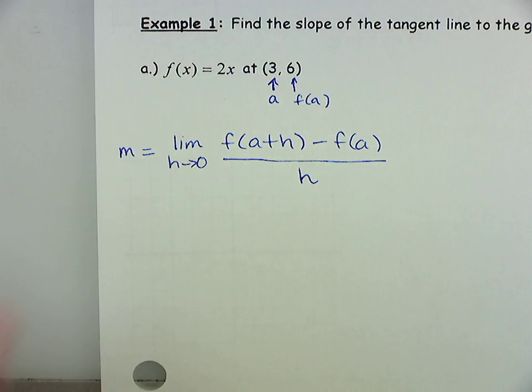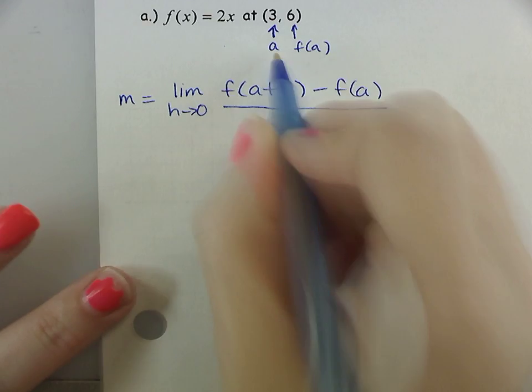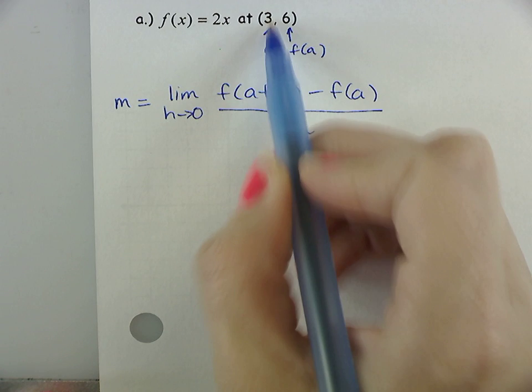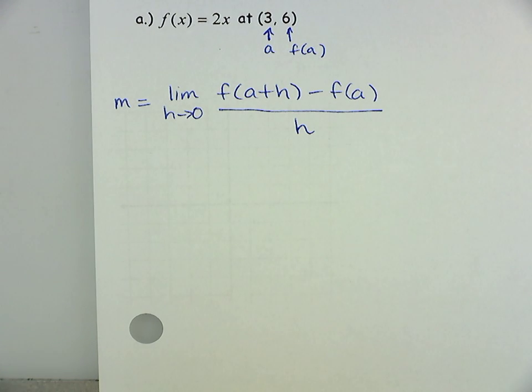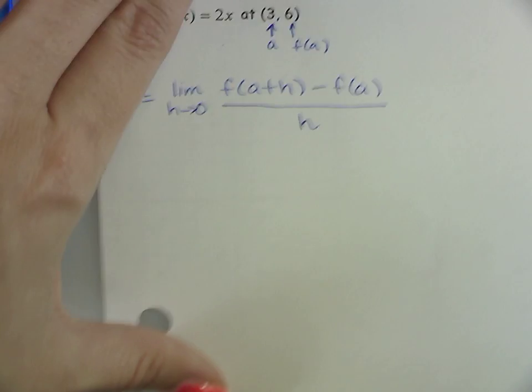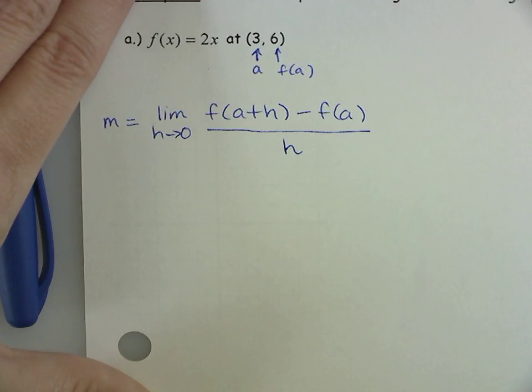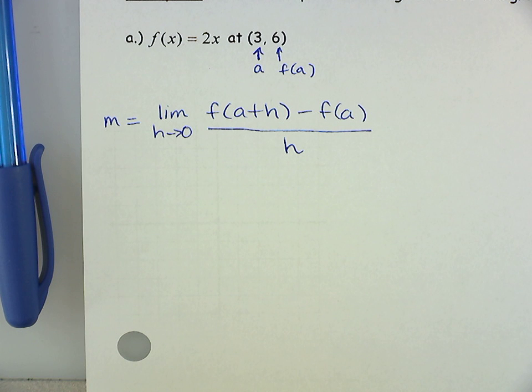So what we're going to do now is substitute in our values. See how my a value is 3? Wherever there's an a, I want you to plug in 3. Can you guys do that? Wherever there's an a, you're going to plug in 3.